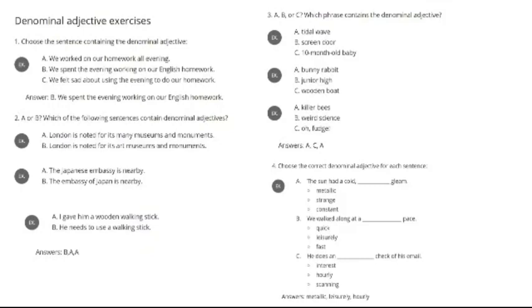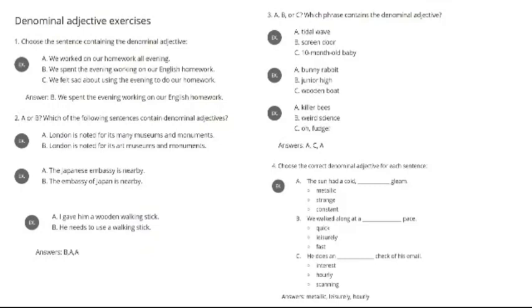So the first part it is B, in the second it is A, and in the third it is A. The first one is London is noted for its many museums and monuments. Second, the Japanese embassy is nearby. Third, I gave him a wooden walking stick.